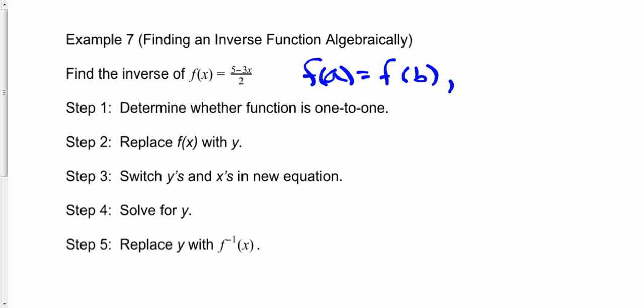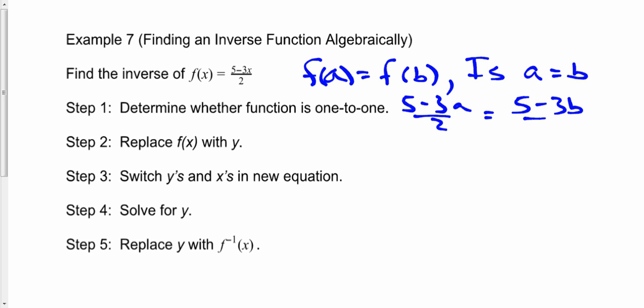And then I'm asking, is A equal to B? So I say 5 minus 3 times A over 2 equals 5 minus 3 times B over 2. Right? I am doing the one-to-one function test.